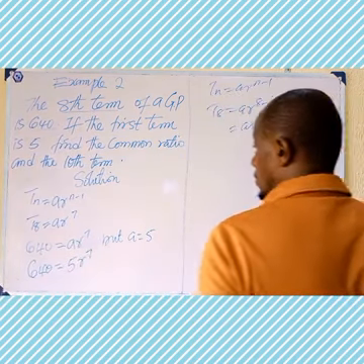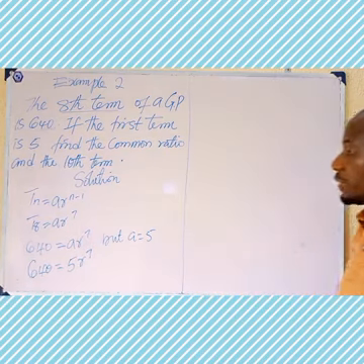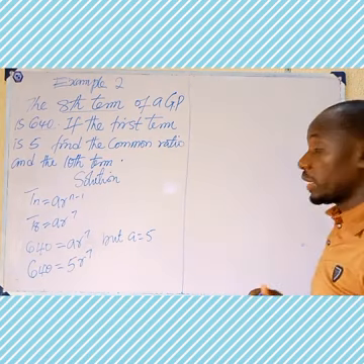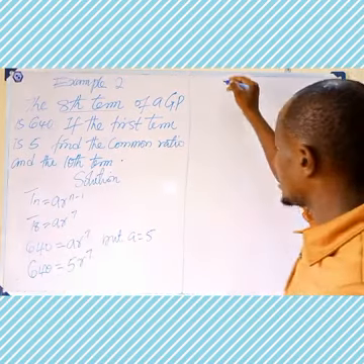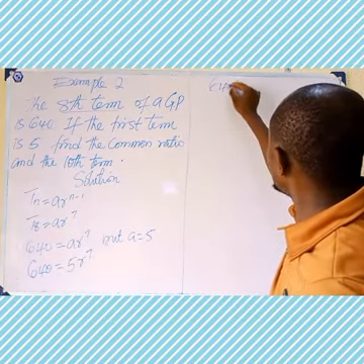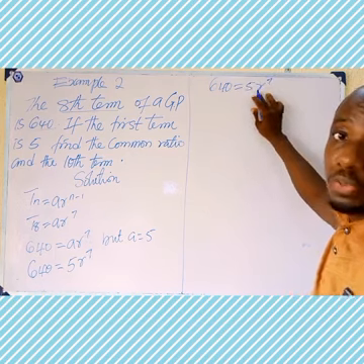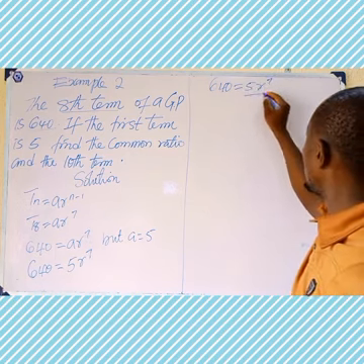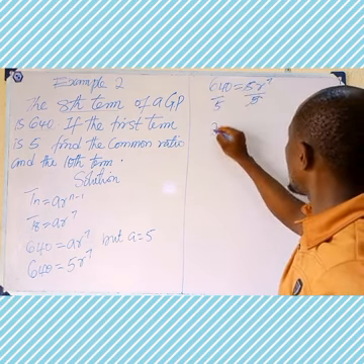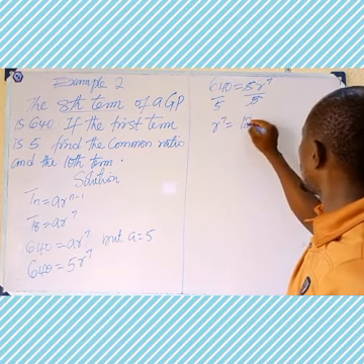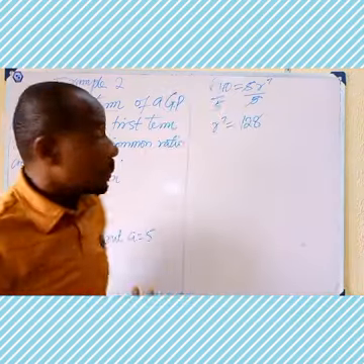If we simplify it further, we want to make r raised to the power 7 the subject of the formula. So we divide both sides by 5. So this will cancel this. We have r raised to the power 7 is equal to 128. I hope that is taken. So that will give us 128.